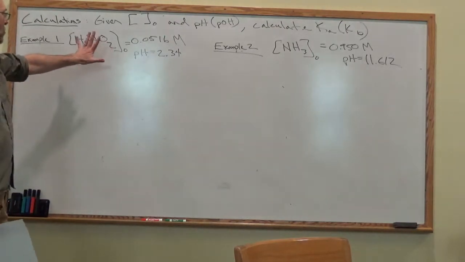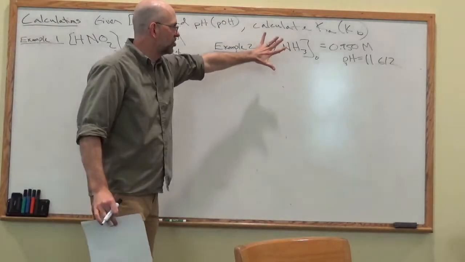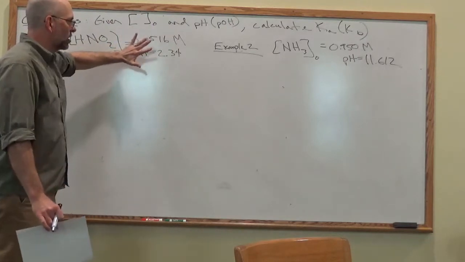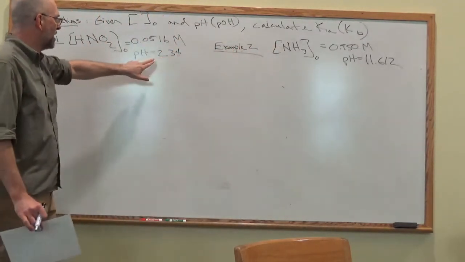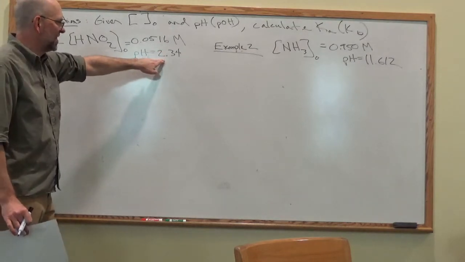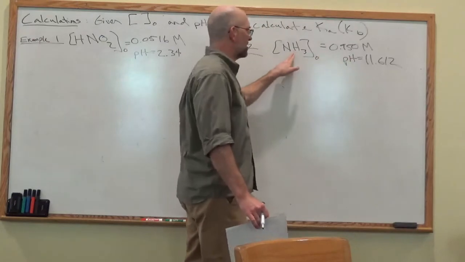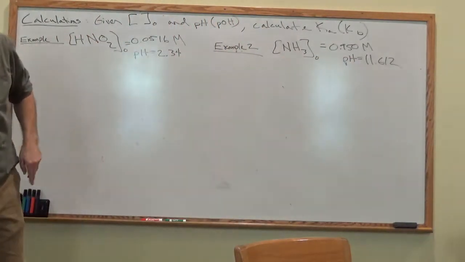Okay, so we have a weak acid and a weak base. It's good to recognize that. So we're going to calculate a Ka here and a Kb here. How do you know that? Well, the pH is less than 7, so this is acidic. The pH is greater than 7, this is a base. So you got to take your cues from what it is you're dealing with.